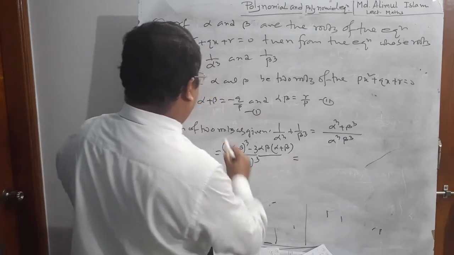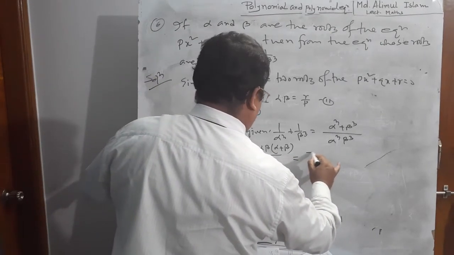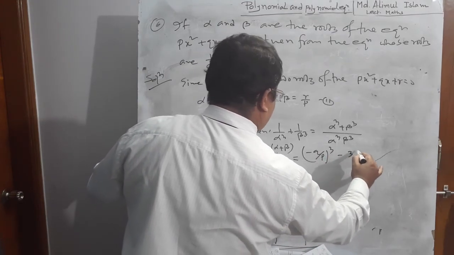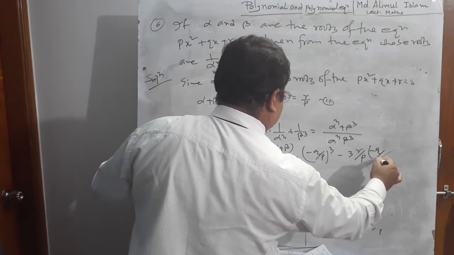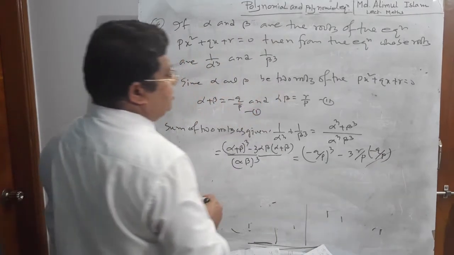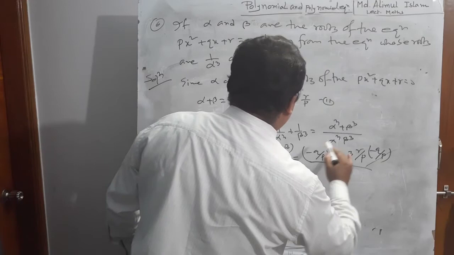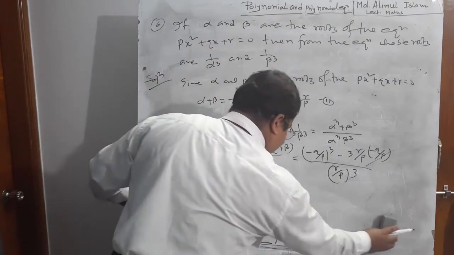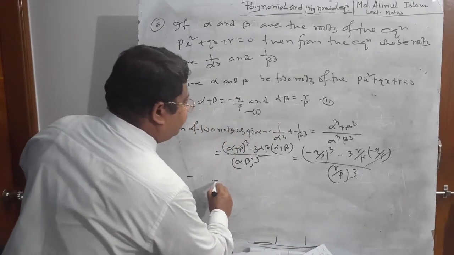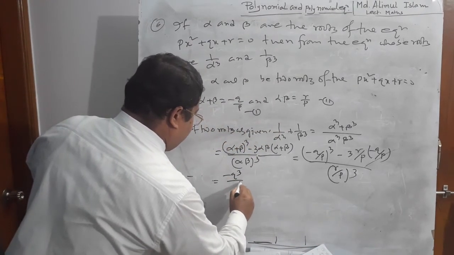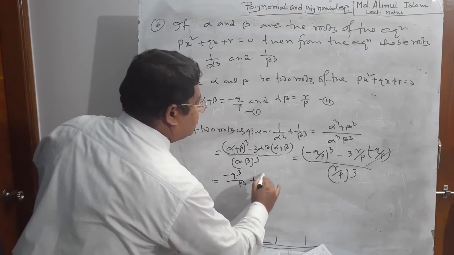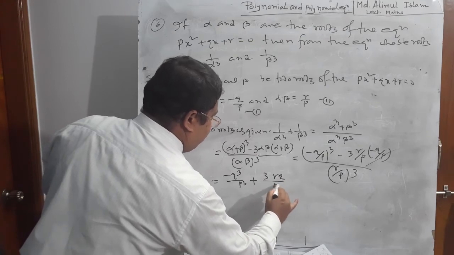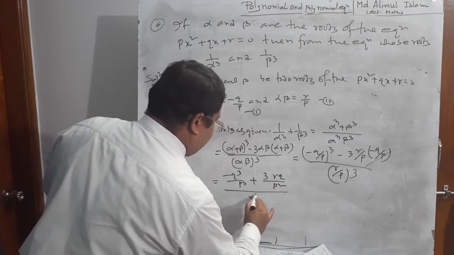Then you put the values: (−q/p)³ − 3(r/p)(−q/p), divided by (r/p)³. Write here (−q³/p³ + 3qr/p²) over r³/p³.